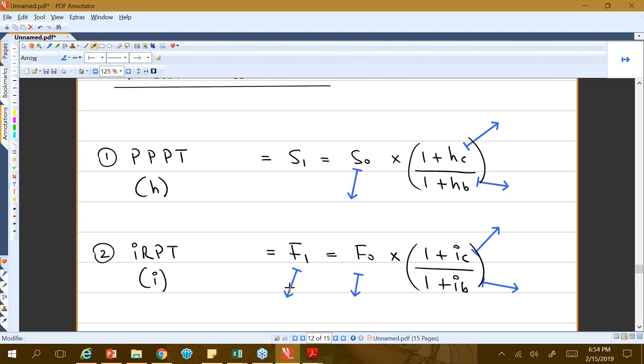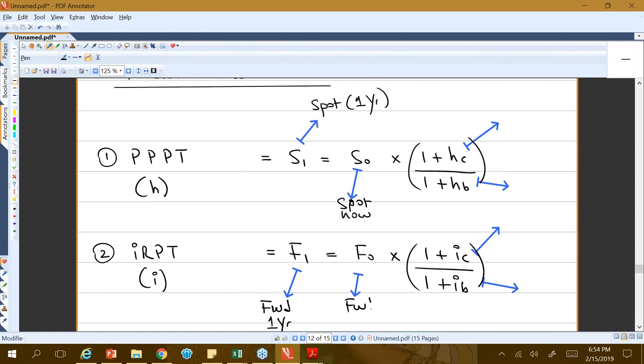So let's think about these things here. S1 is the spot or exchange rate after 1 year, and S0 is the spot or exchange rate now. F1 is the forward rate after 1 year, and F0 is the forward rate now.